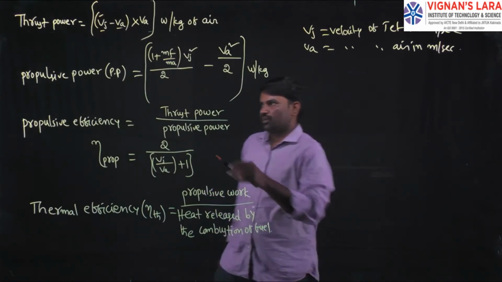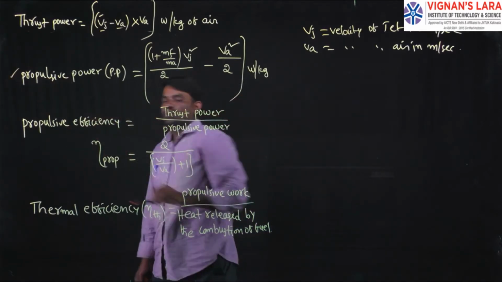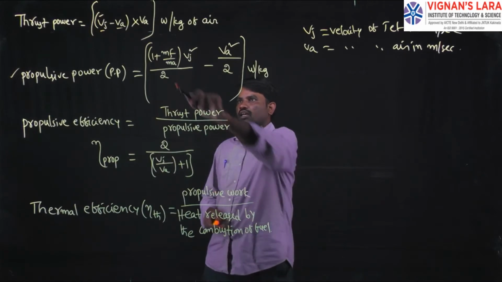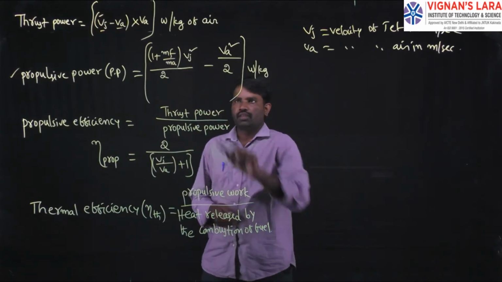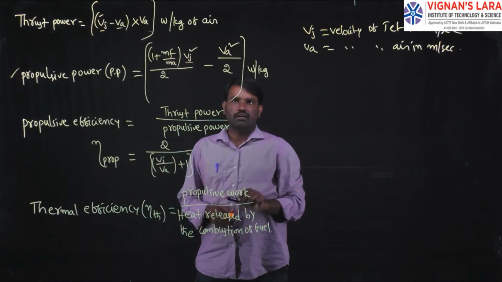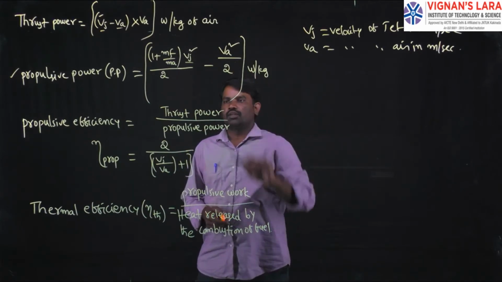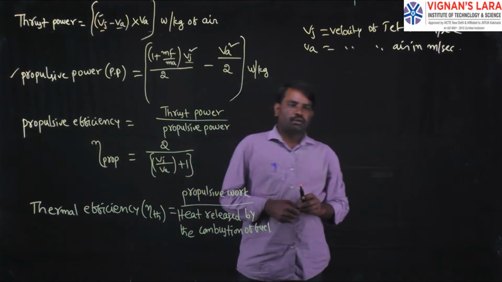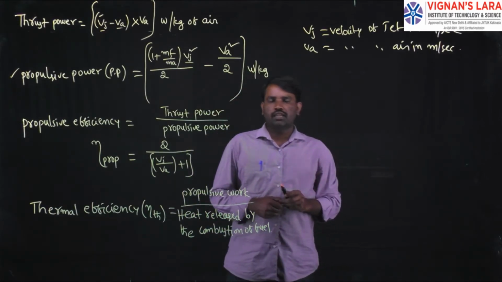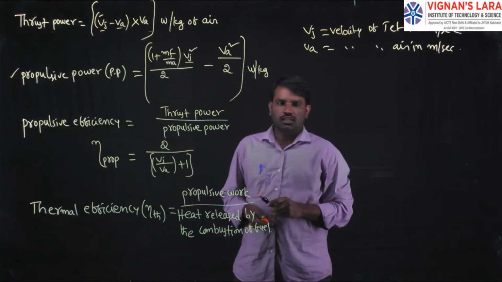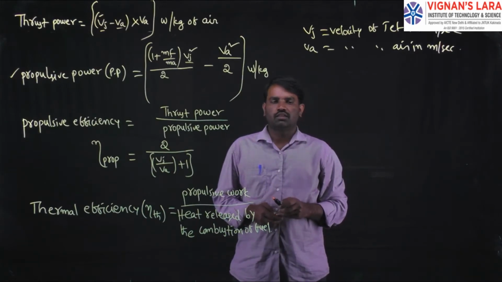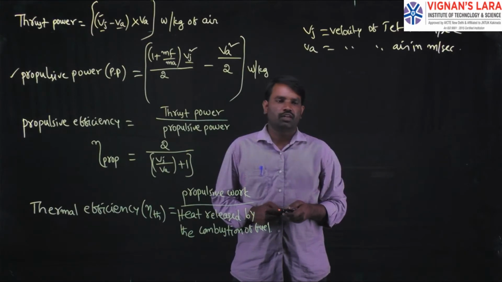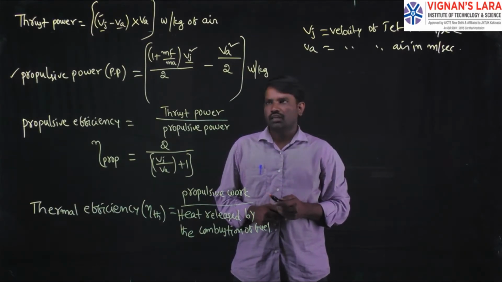And the next term is propulsive power. In the case of propulsive power we are finding (1 + mf/ma) Vj²/2 − Va²/2. That means this kinetic energy difference will produce the propulsive power. That kinetic energy difference means the kinetic energy of the gases leaving the jet nozzle body and the kinetic energy of the gases entering the jet nozzle body, based on the movement of the aircraft.